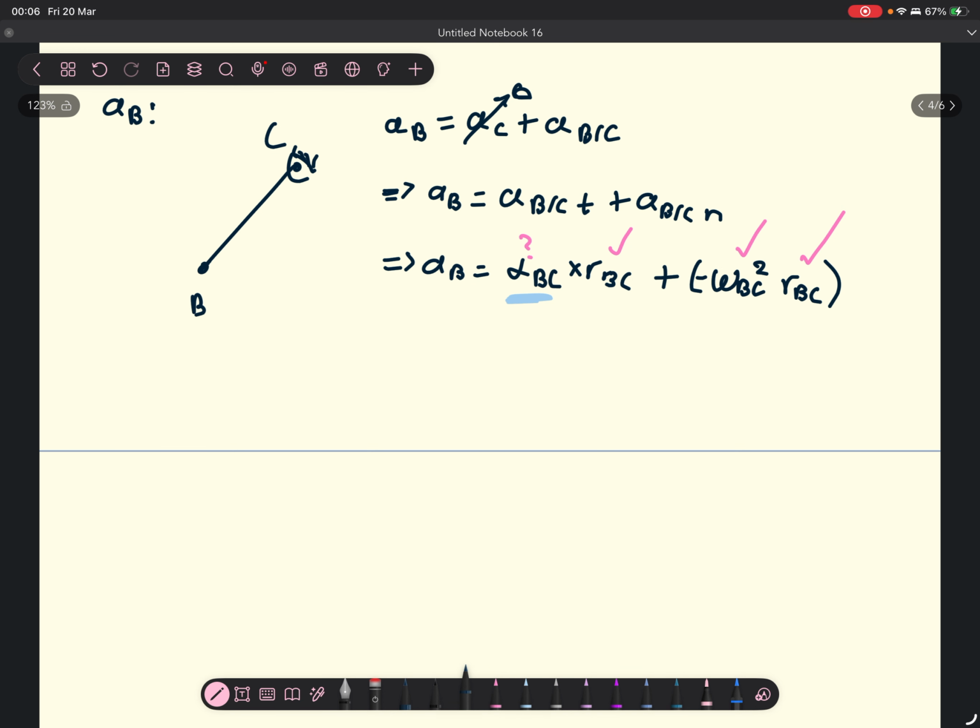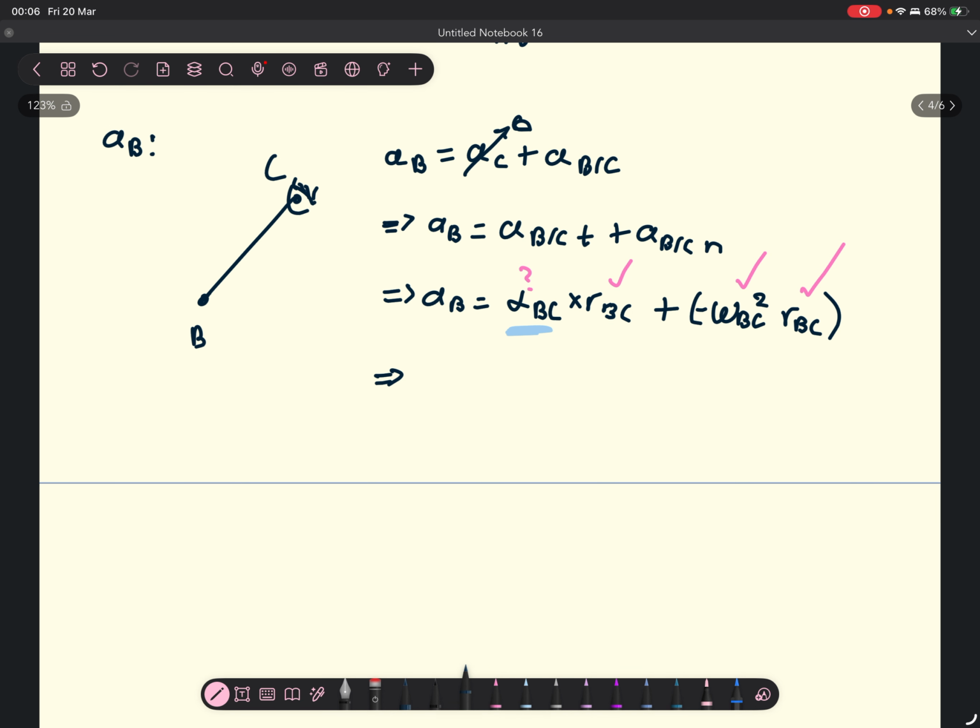If you do the vector method, you basically find the acceleration of B as a vector, which you should be doing, by the way. I keep forgetting to write vectors. Just remember to write your vectors.